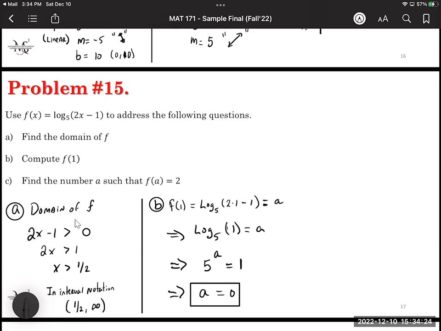Let's look at part C as a follow-up to this. Part C now is going backwards. It says find the number A such that f of A is equal to 2.